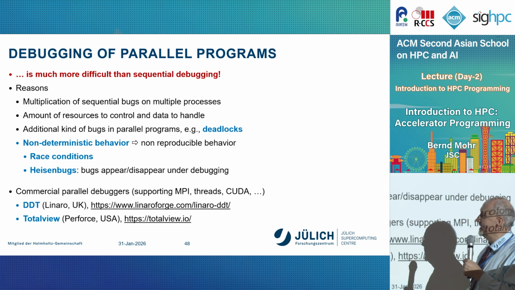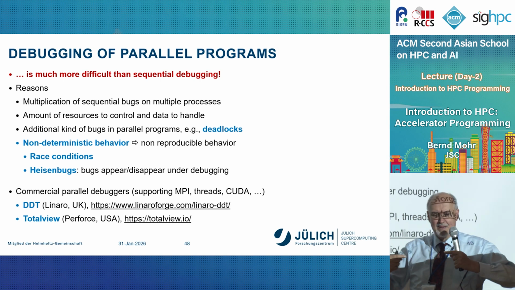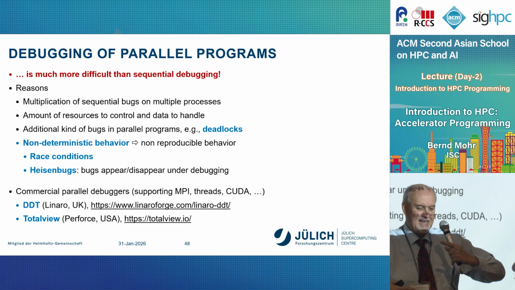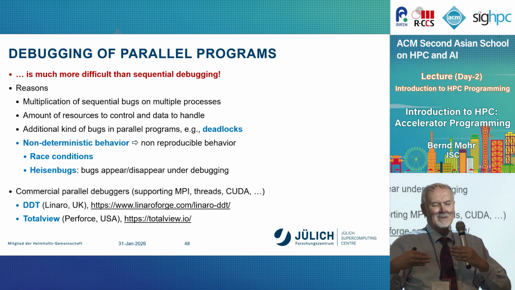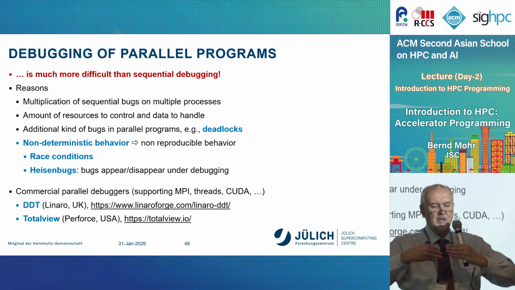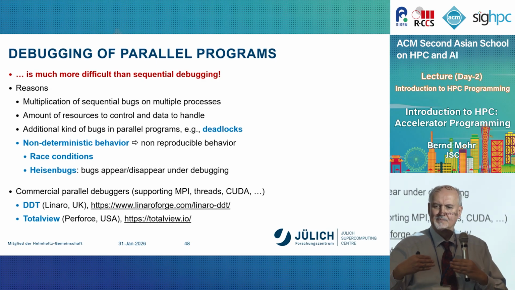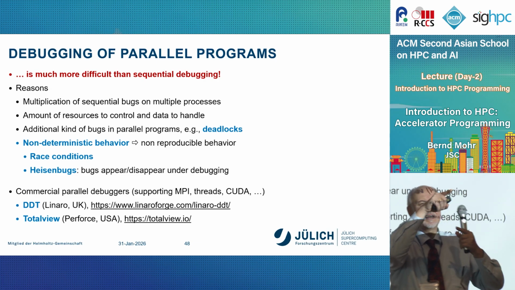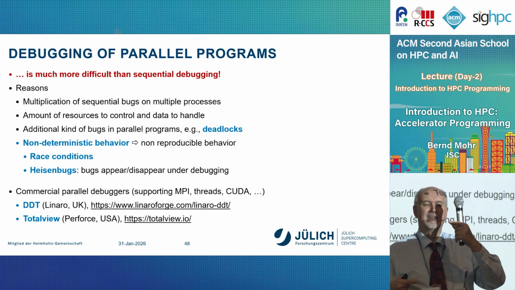I already mentioned race conditions, and this is part of non-deterministic behavior, because with things happening at the same time, it's unclear, if things on two processors depend on each other, which one is first. Someone is writing a value into shared memory, the other one is reading it.